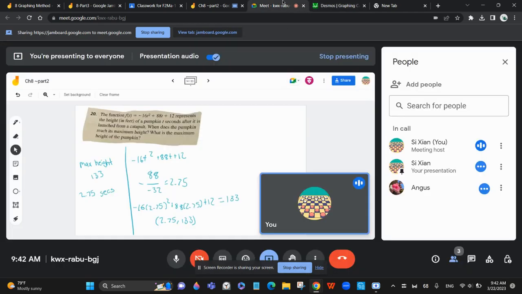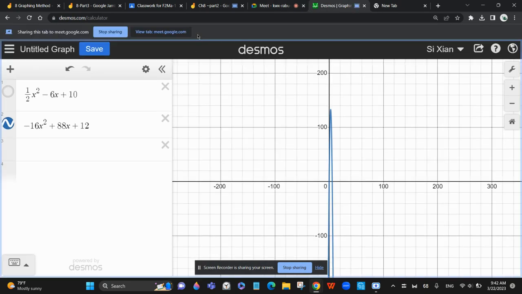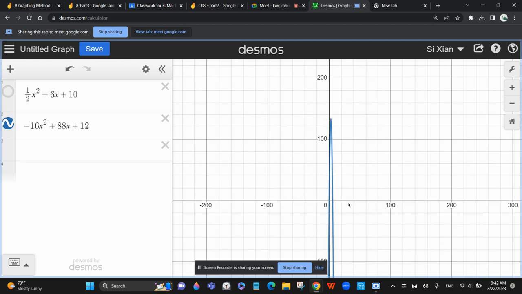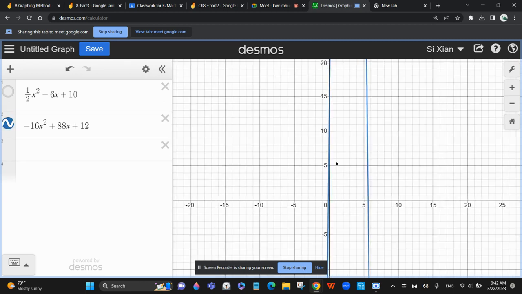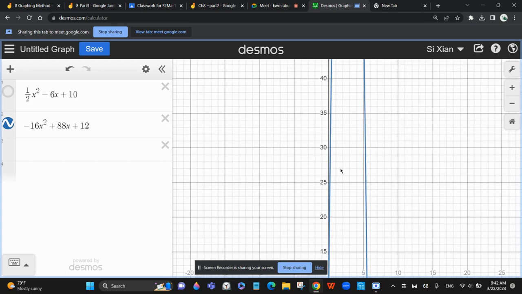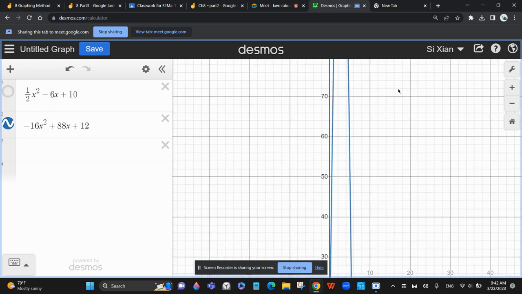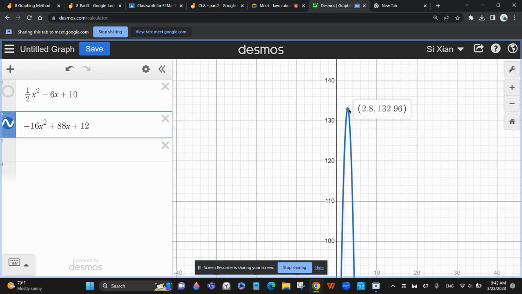So if you look at this tab, this graph over here, you will see that the height of the pumpkin goes until 133 at the time t equals 2.75, and this is where the maximum height is reached.